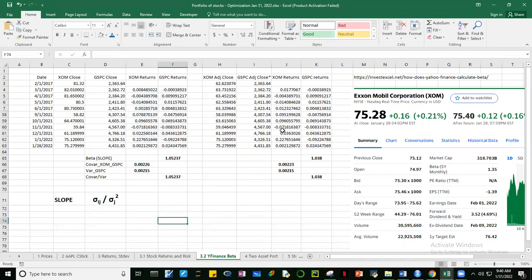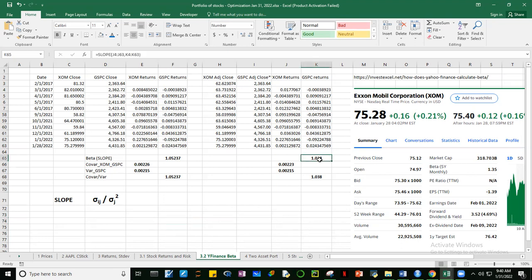Now on this side, I tried to use the adjusted close. And of course, I expected this to be lower because, sorry, my mistake.